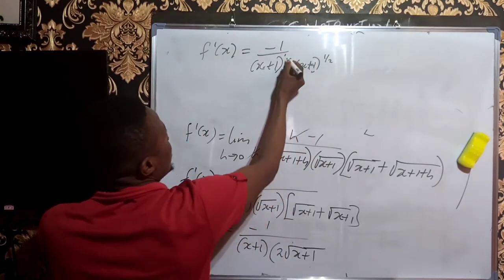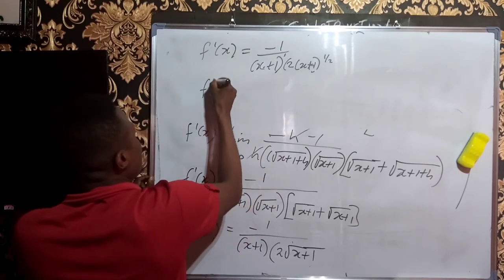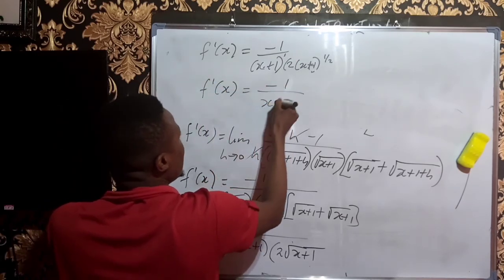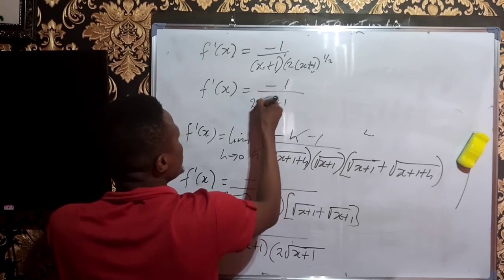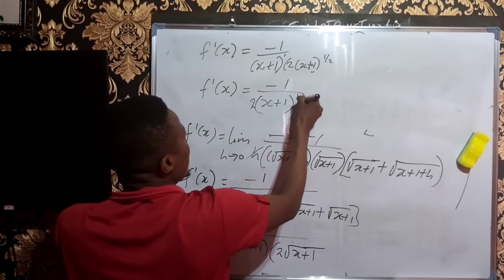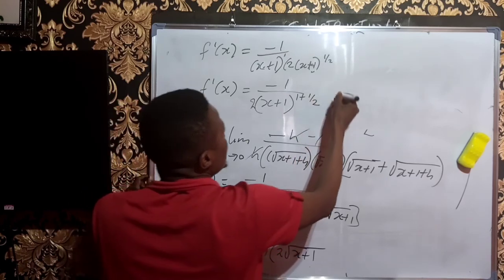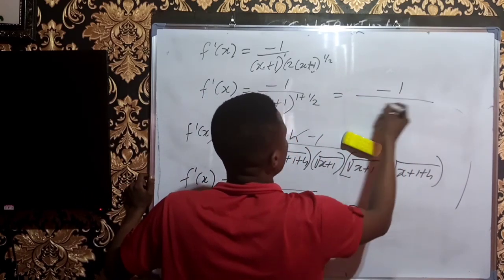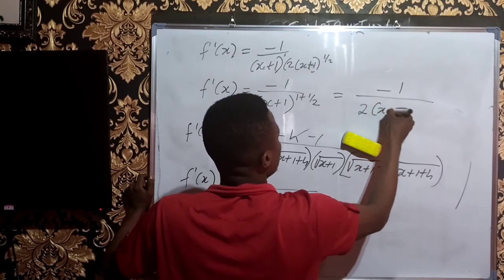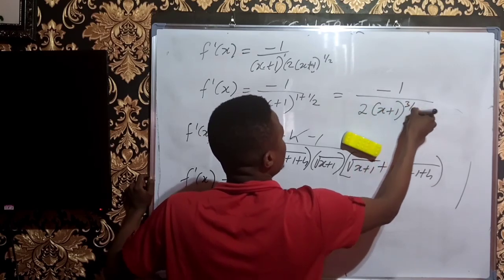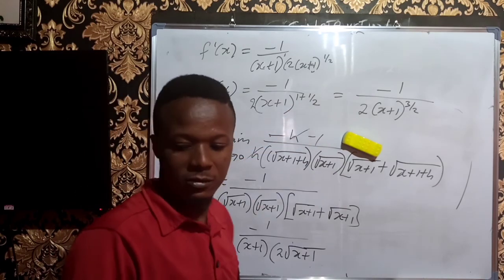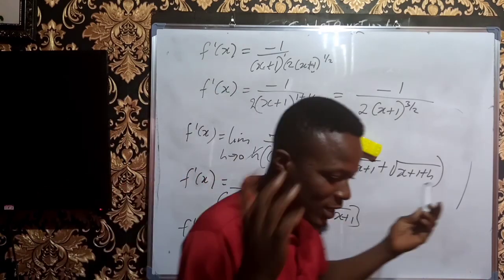The power of this one is just like 1. So I have that f prime of x equals minus 1 over x plus 1. There is 2 here, so we shouldn't forget. Into 1 plus half, which is minus 1 all over 2 into x plus 1, then power of 3 over 2. Because when you add 1 plus half, you are getting 3 over 2. And that's just the solution, as simple as that.